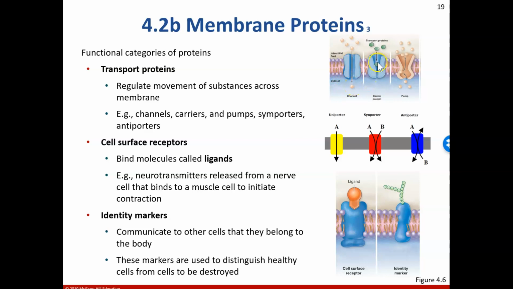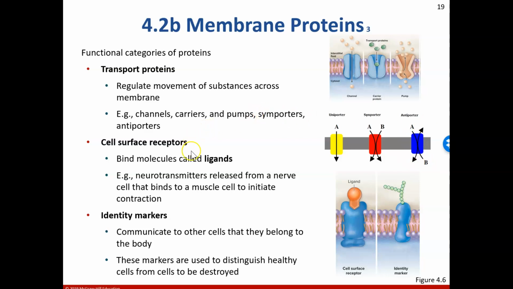They can be carriers in which we can move substances through, or they can be pumps where we need to attach and then let go of the ion or whatever it is moving in here. We can also have symporters in which we can move two substances across at the same time, or they could be antiporters in which we are going to move substances in opposite directions.